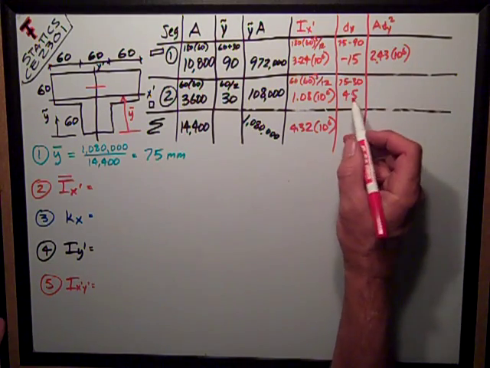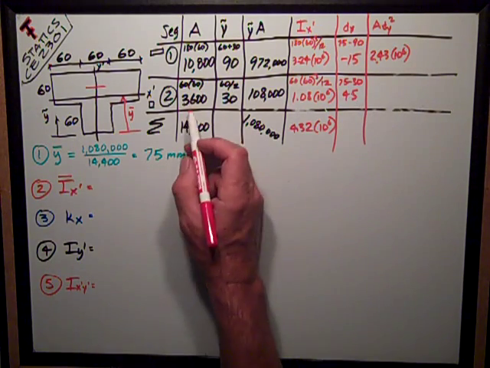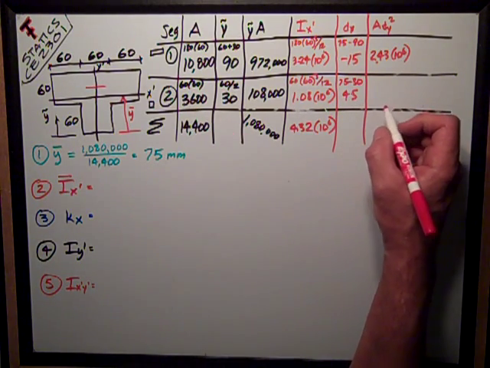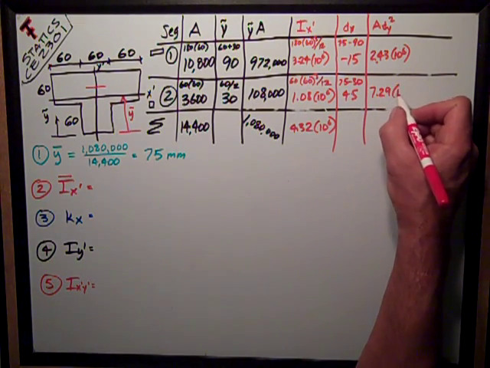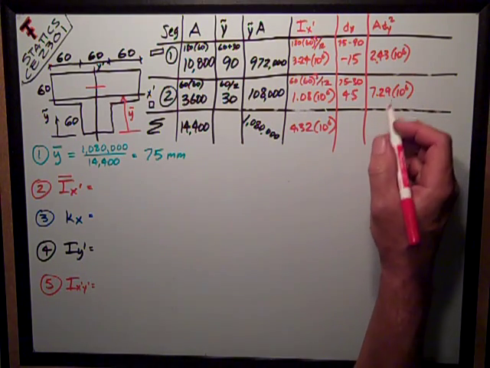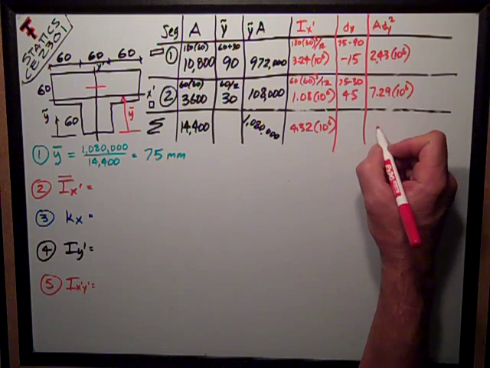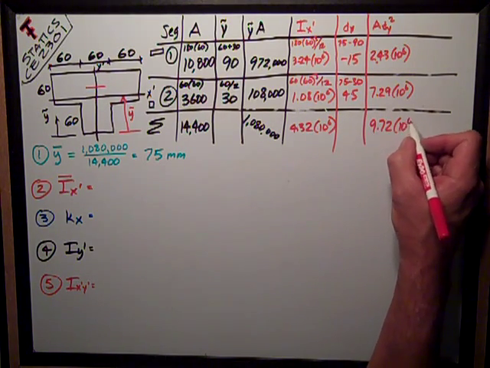And for the second segment, square 45, multiply it by 3,600, I get 7.29 times 10 to the 6th. I add that column up and I get 9.72 times 10 to the 6th.